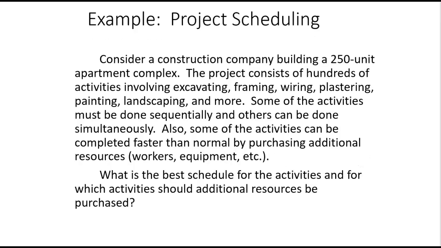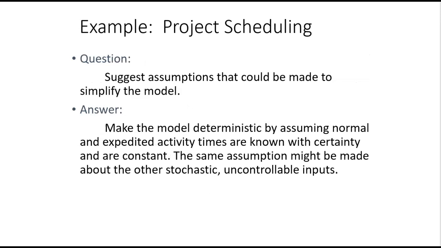So for example, I might want to do a project that centers around scheduling. A construction company wants to build a 250-unit apartment complex, right? It's going to have lots of activities: wiring, plastering, etc. So what is the best schedule for the activities, and for which activities should additional resources be purchased to enhance them? So I might have this question.